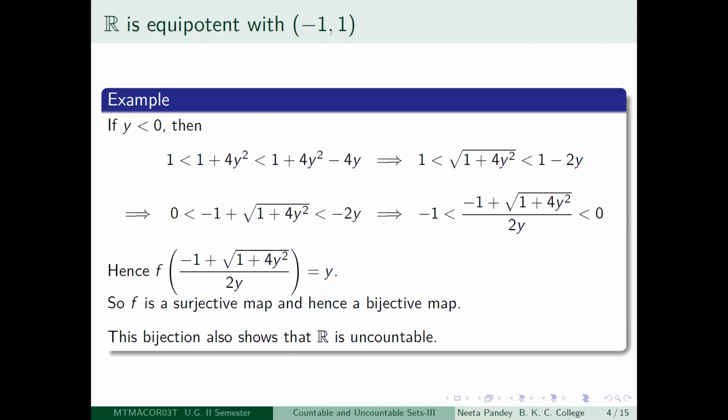But for us, the other conclusion is that this also proves that R is equipotent with the open interval minus 1 to 1, which is interesting because, the way we have developed our course, we have already proved that R is uncountable. We want to show that these two uncountable sets are equipotent because we have not discussed whether all uncountable sets would be equipotent or not. As I said, we will see that it is not true.